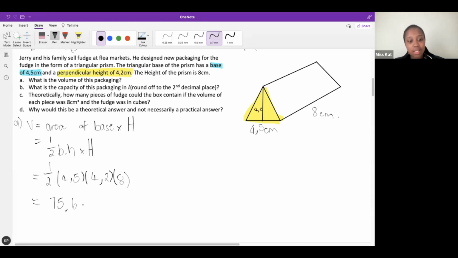75,6 centimeters. What? For volume, it is centimeters cubed. Are we with me? Now it says, what is the capacity of this packaging in liters? So what does our conversion say? We're doing B now.